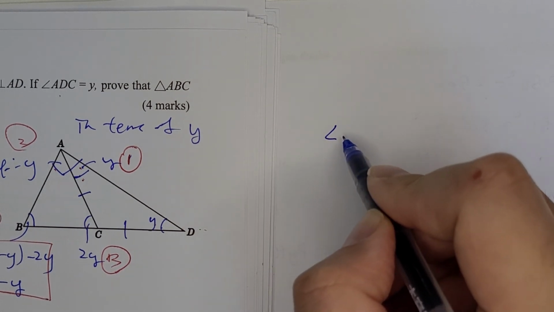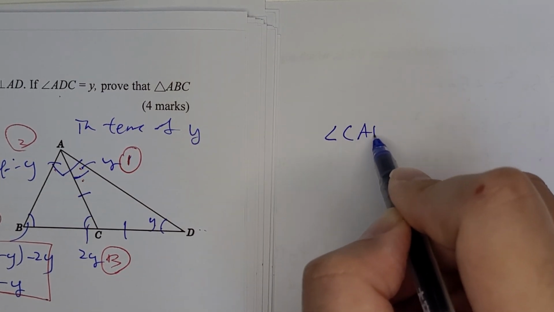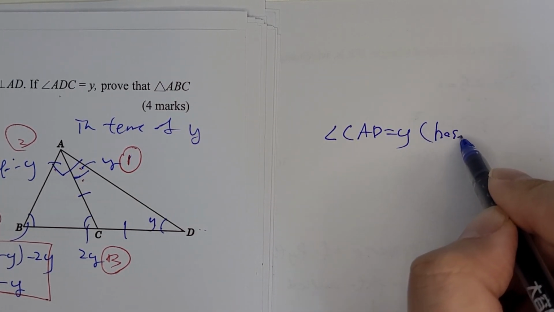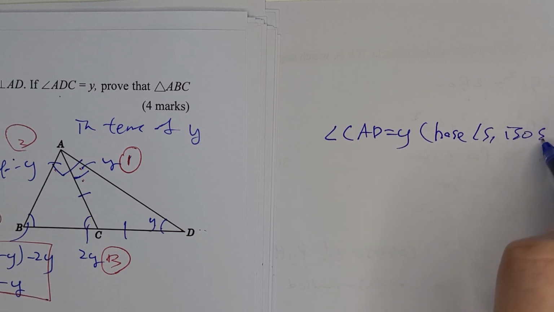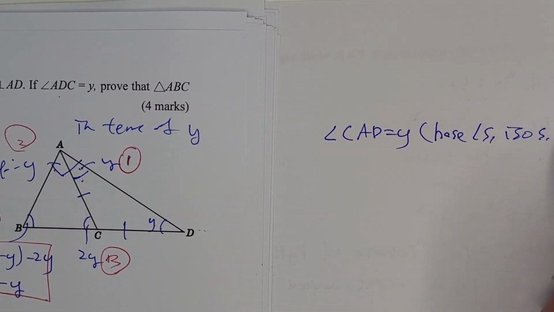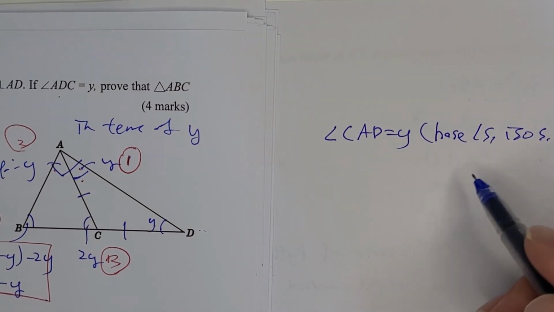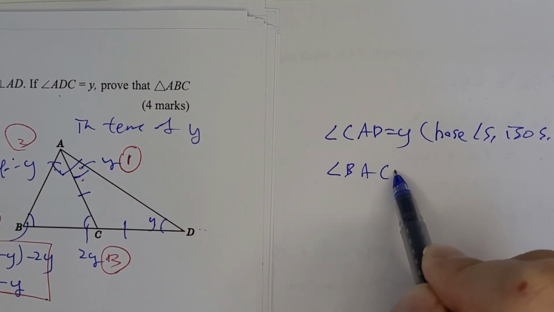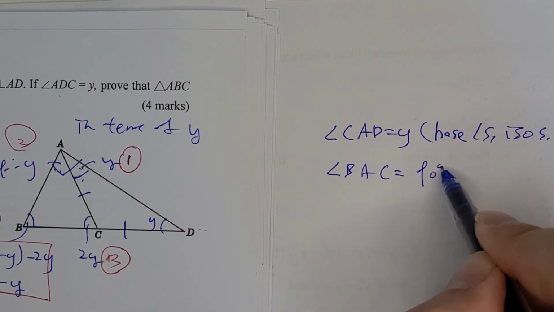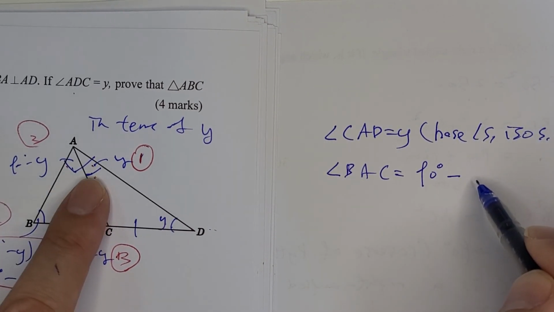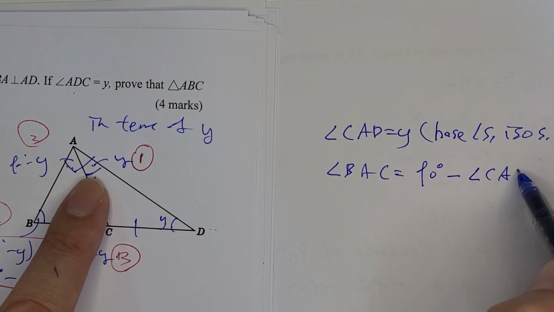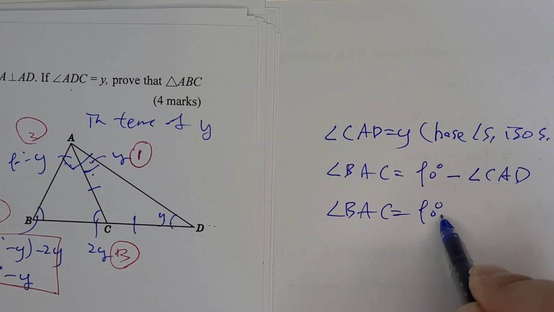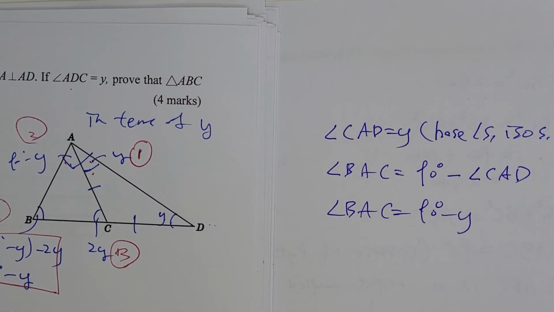Angle CAD also equals y. And the reason, base angles, isosceles triangle. Okay? And second, you find this one. Angle BAC will equal 90 degree minus angle CAD, right? So angle BAC will equal 90 degree minus y. That's the second step.